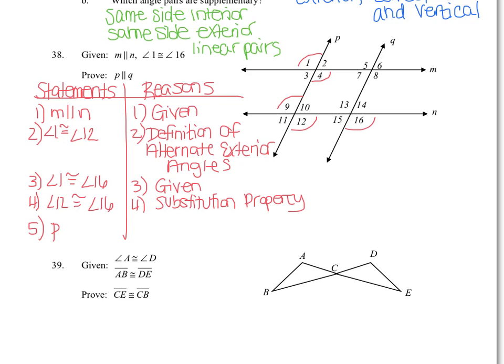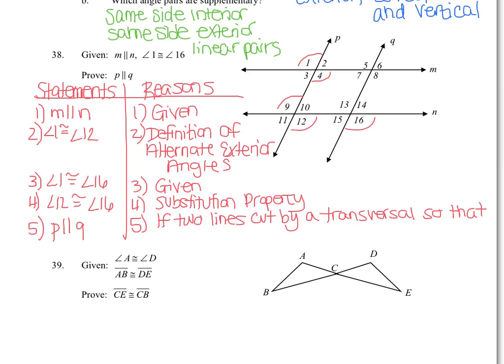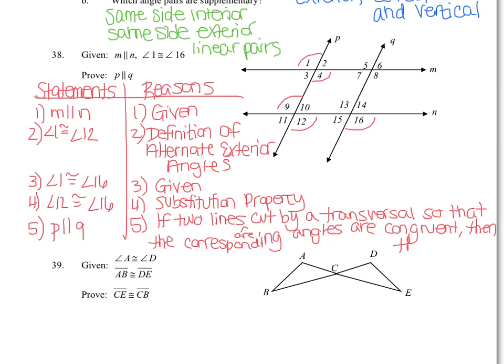So we can prove that P is parallel to Q, and I'm just going to write that as my reason: if two lines are cut by a transversal so that the corresponding angles are congruent, then the lines are parallel.